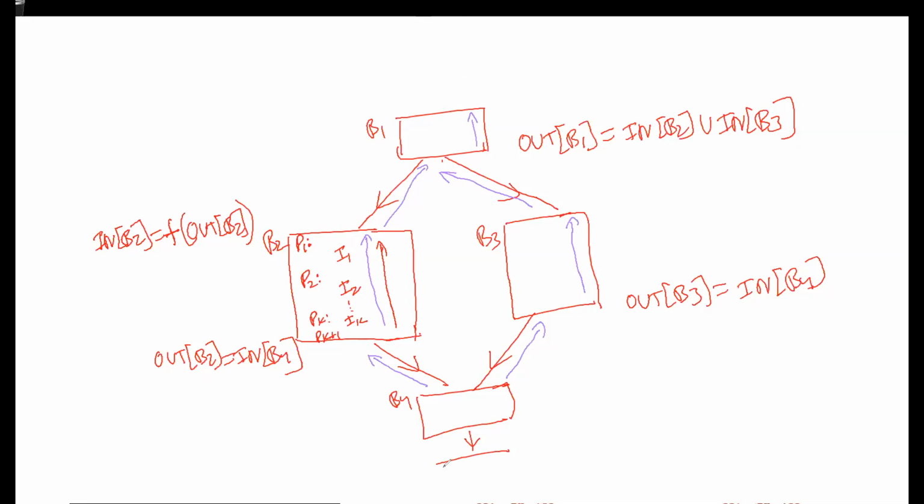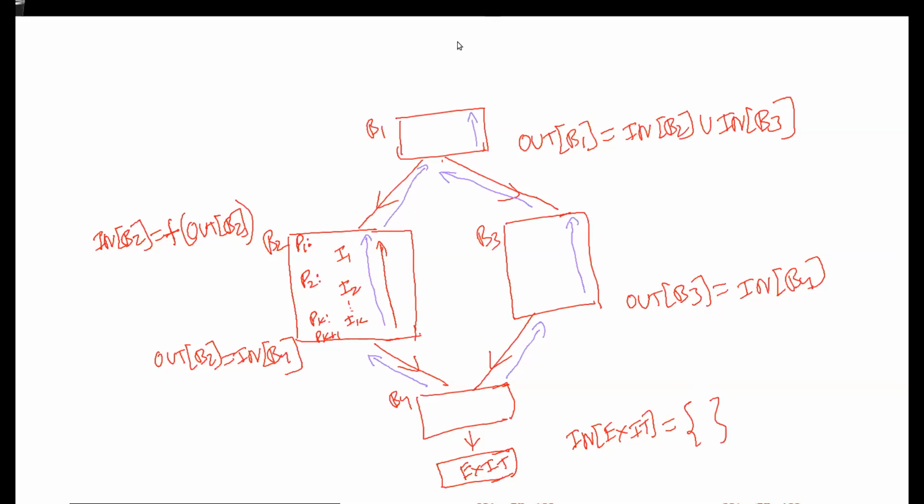So let's say the successor basic block for B4 is the exit basic block. If the successor basic block for B4 is the exit basic block, it is a good thing for us, because exit is a boundary case, and we can safely assume that in of exit is equal to the empty set. No variables are live in the exit basic block.